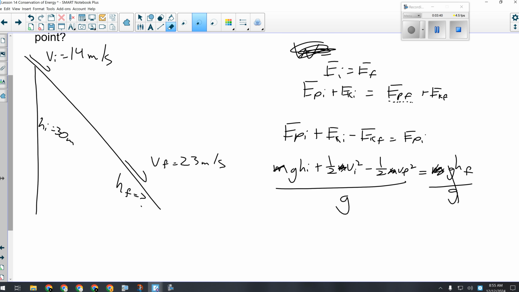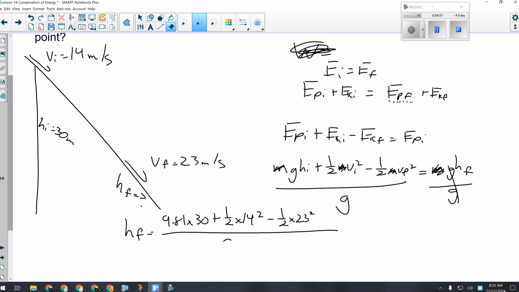I've got my manipulation done. Now I just need to plug in my numbers. So H final is going to equal 9.81 times 30, so my initial value is there, plus 1/2 times 14 squared, initial value there, minus 1/2 times 23 squared, that's a final value, and then divide that by G, 9.81. So we're punching that all in. I forgot to start my calculator.